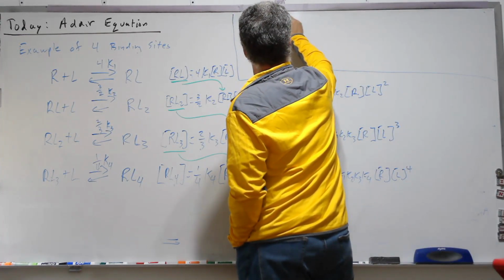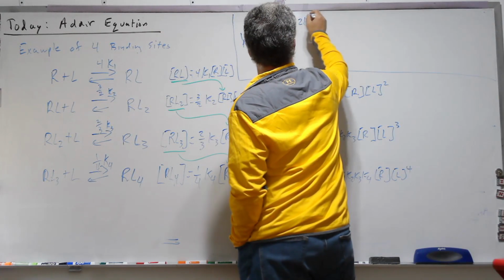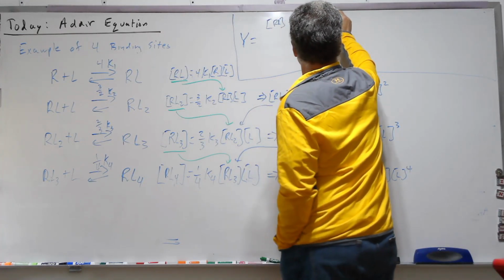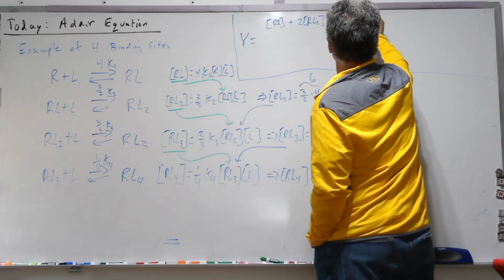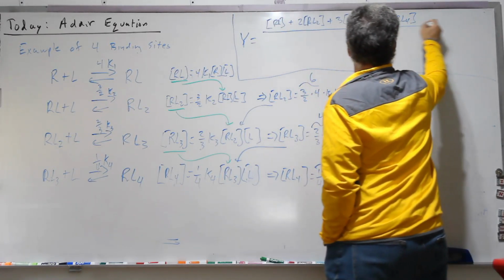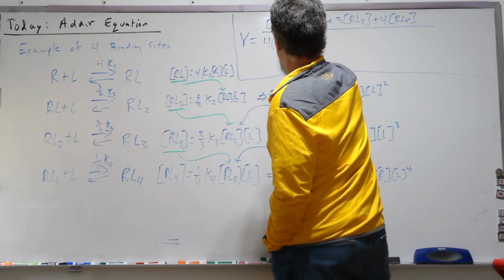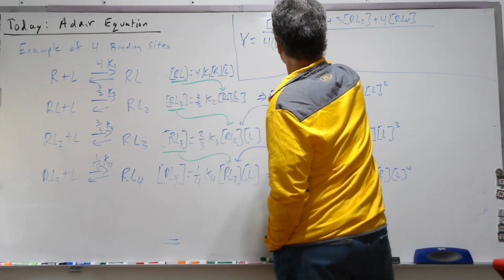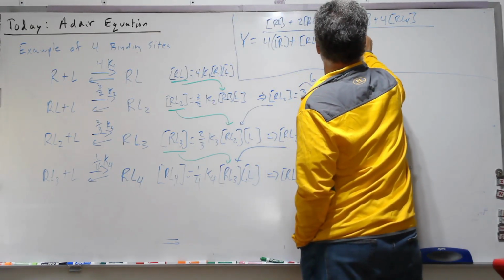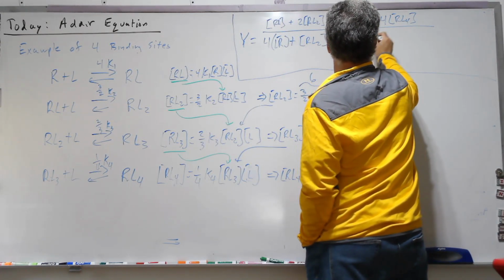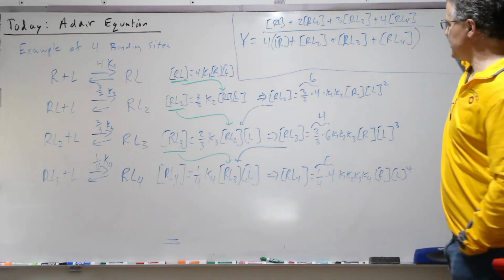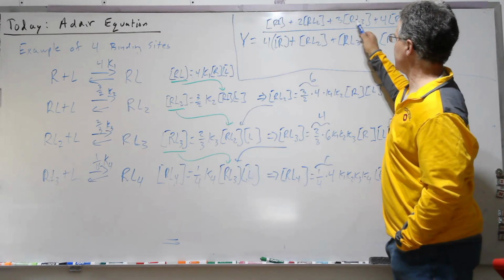So that was RL plus 2 times RL2 plus 3 times RL3 plus 4 times RL4, all over 4 out front R. And just to reiterate again, see where are these numbers coming from?